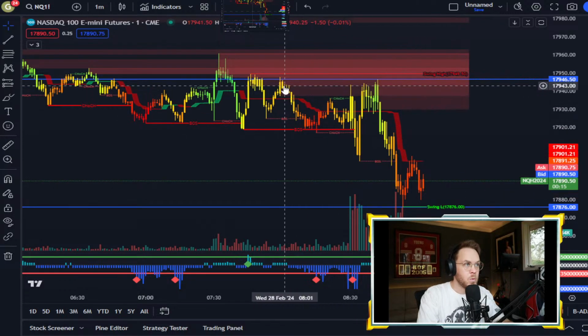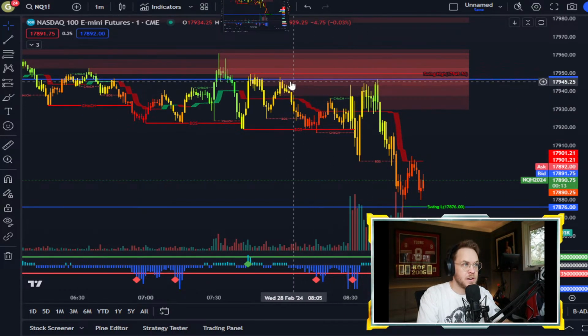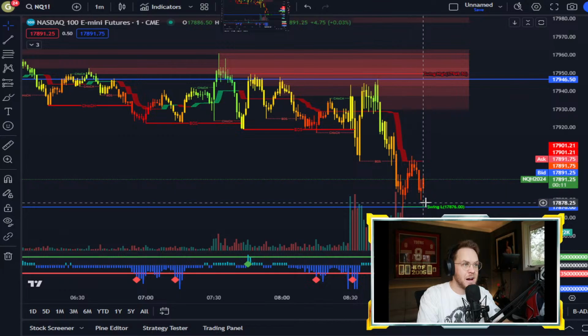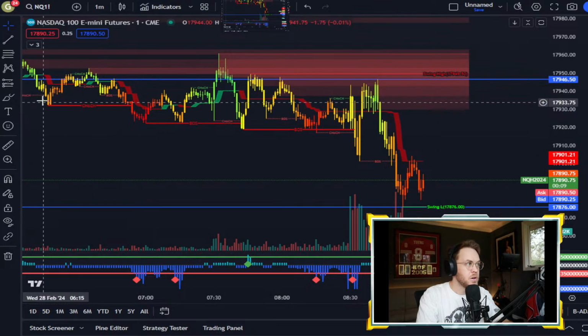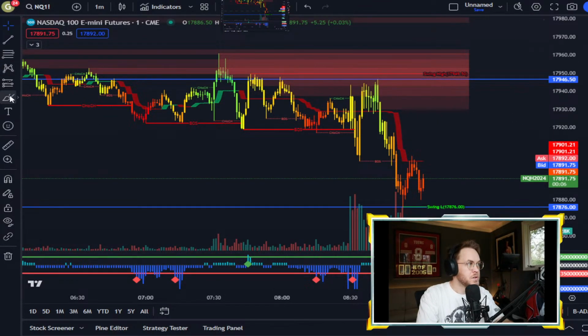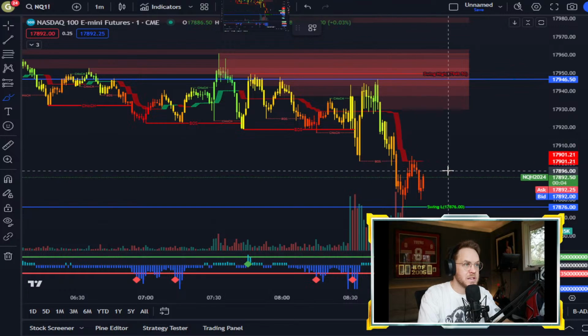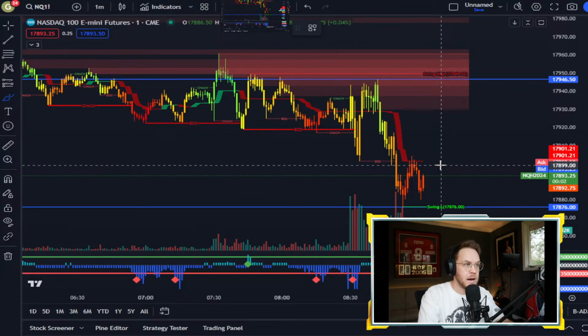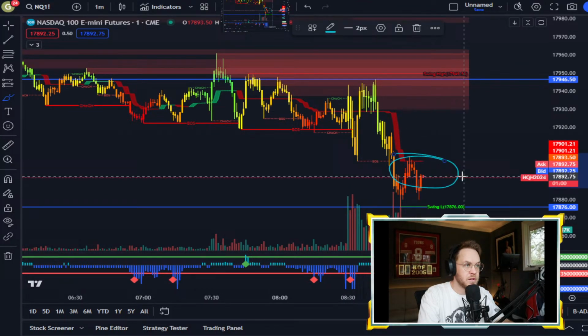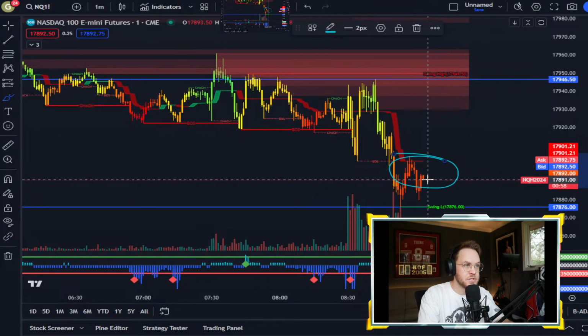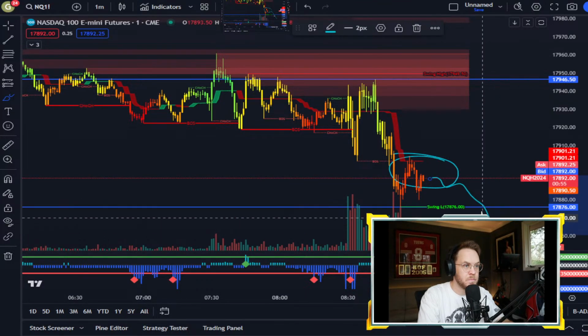We touched this blue line twice, once here and once here right at 8 o'clock. So we basically had two rejections off of the opening range high, and now we are kind of flirting down here with the opening range low. So what I'm looking for is some sort of a breakdown below this line.